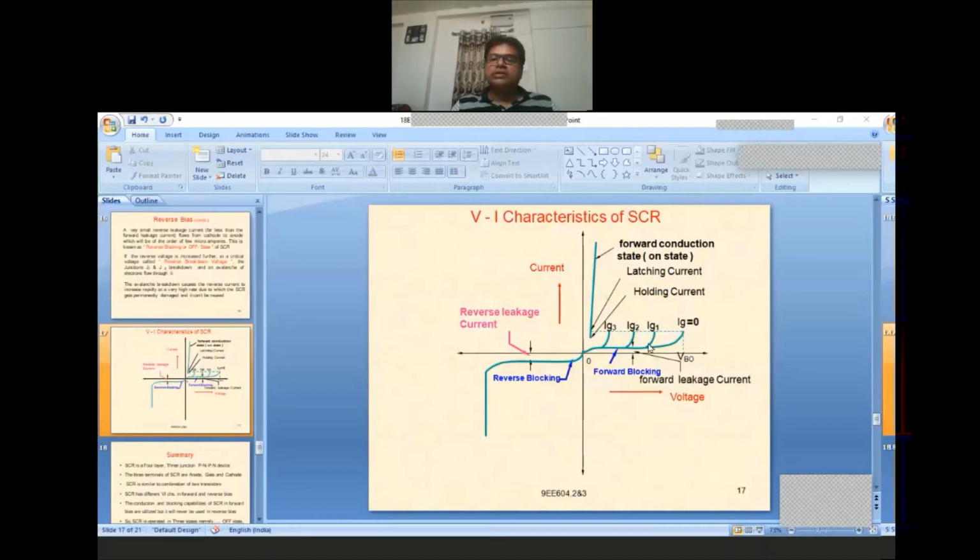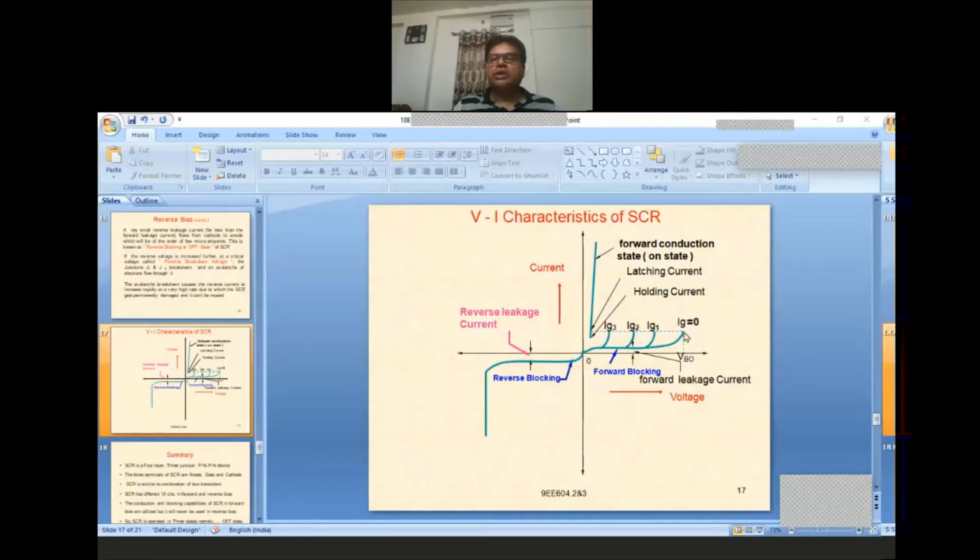Now in these characteristics, after breakover voltage, what happens is suddenly the SCR acts like a closed switch, or a short circuit. So the voltage across it falls down to very low values. Until the point of VBO, the total applied voltage is blocked by the SCR in forward blocking mode, or Vs is equal to VSCR.